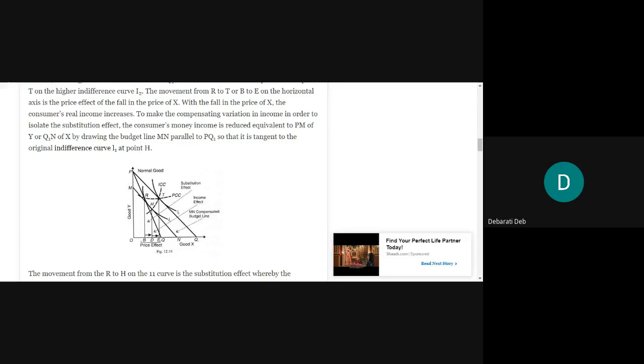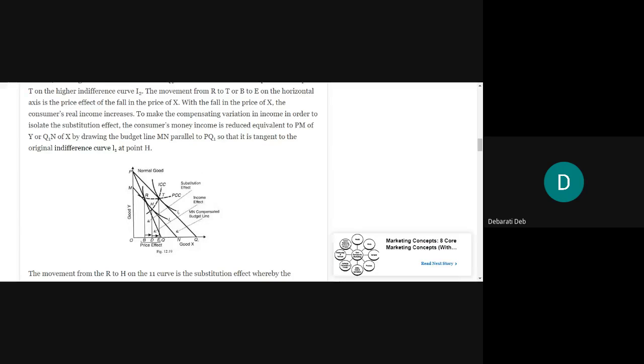Thus, in order to establish the substitution effect from the presence of price effect, we will forcefully bring down the real income or the purchasing power of the consumer. And we will do it by making the compensating variation in income. So you will have to mention this term, okay?